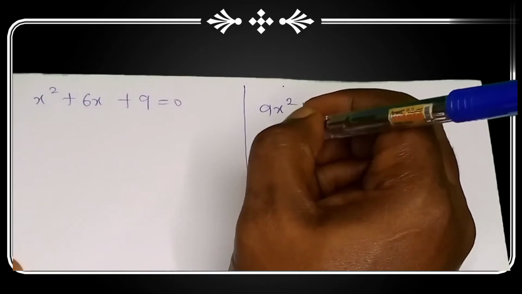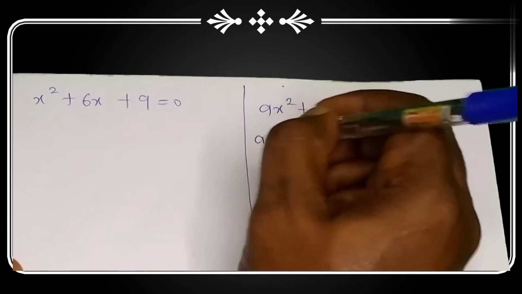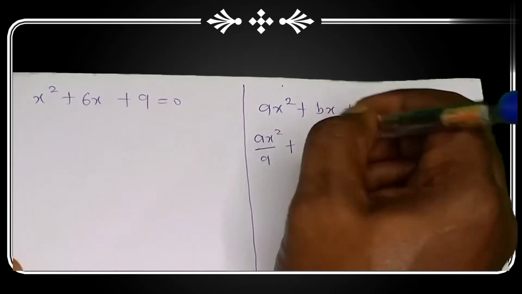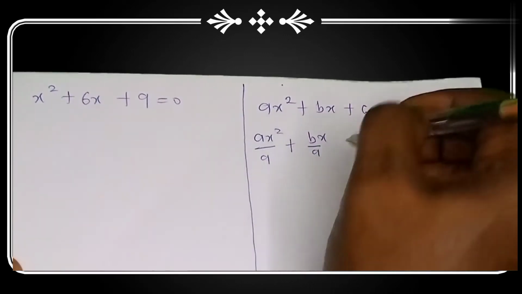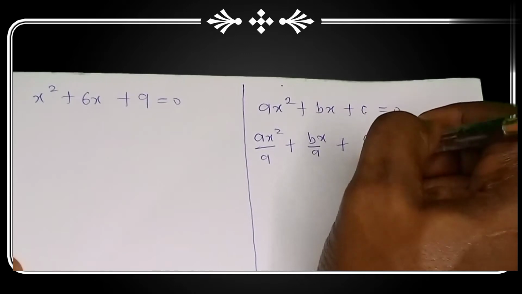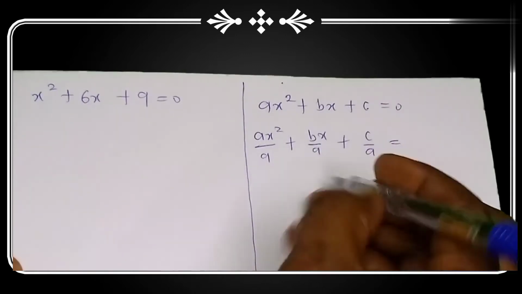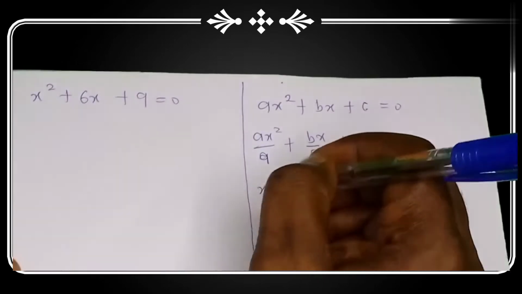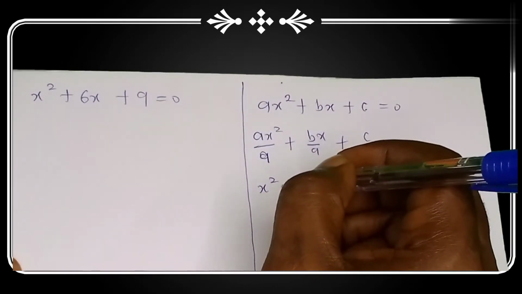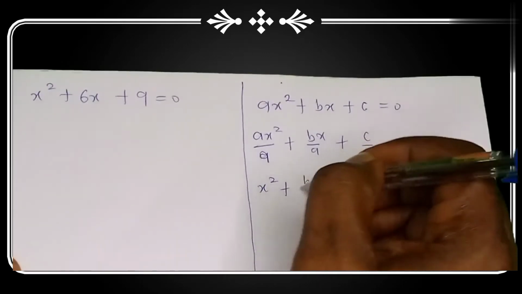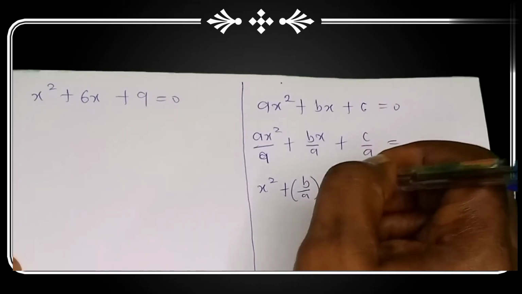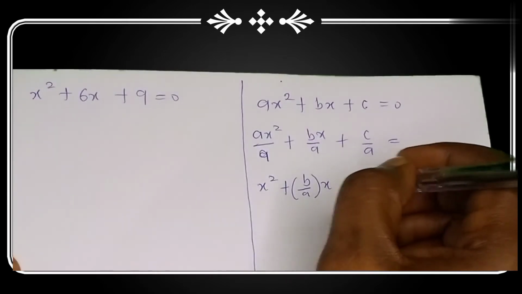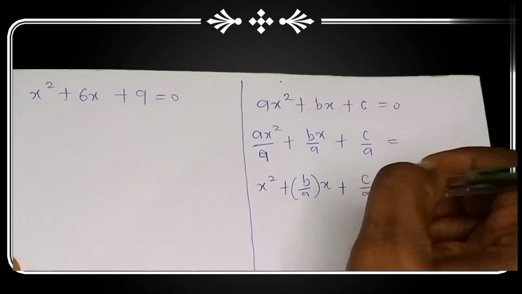Therefore, we go ax squared all over a plus bx over a plus c over a. Now, a and a will give us x squared plus b over a, x, it's all the same, then plus c over a.